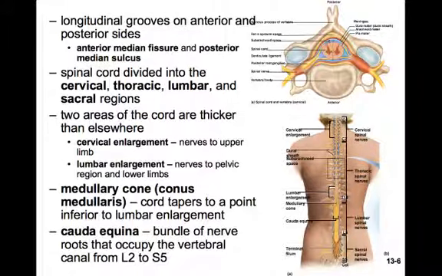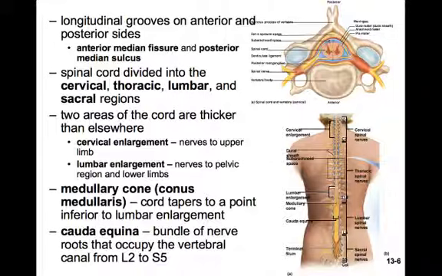The cord is divided into cervical, thoracic, lumbar, and sacral regions. There are two enlargements, one in the cervical area and one in the lumbar area. The cervical enlargement supplies nerves to the pectoral girdle, whereas the lumbar enlargement supplies all the nerves of the pelvic girdle.